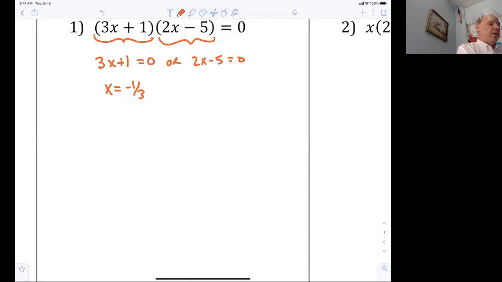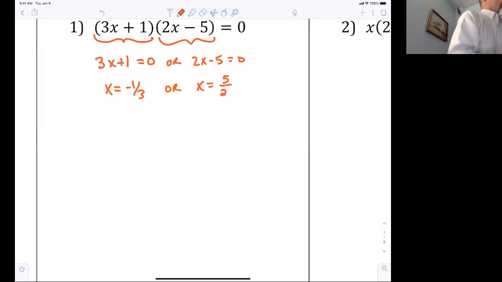Now, for the second equation, x is equal to what? Negative 5 over 2? You guys need a lot of work. No, say it, 5/2. I'm not understanding where some of you are at.